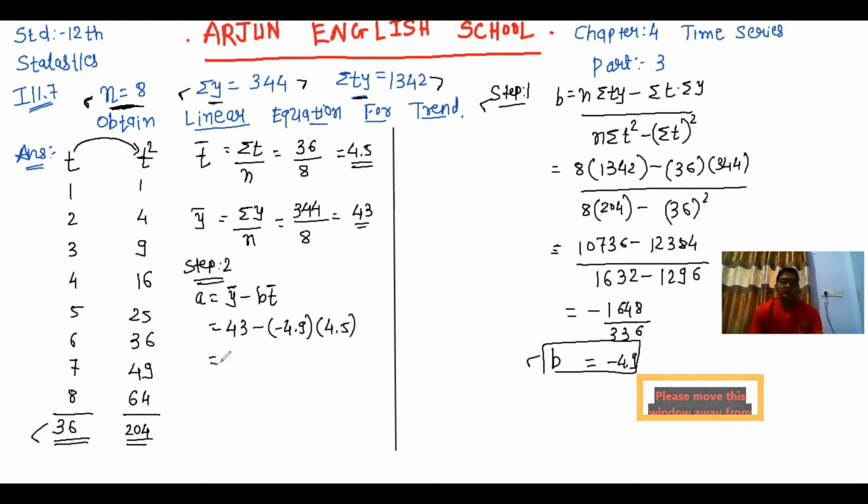So now 43 minus this into this, answer is 22.05, and here both have negative signs, so minus minus becomes plus. Final answer for a is equal to 43 plus 22.05, which is 65.05. Clear?